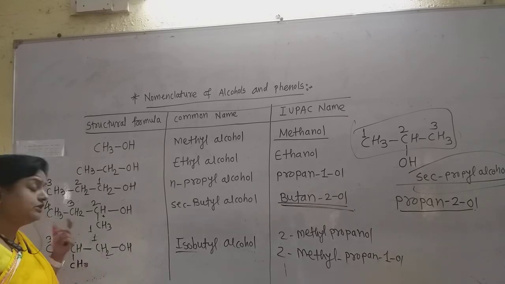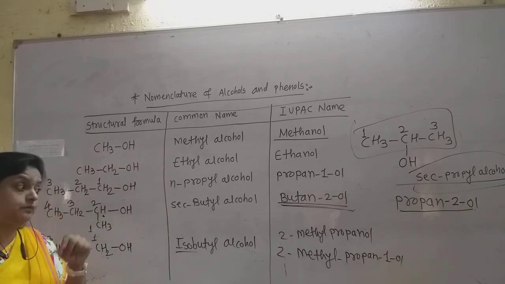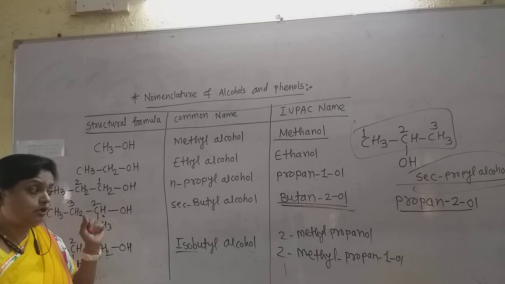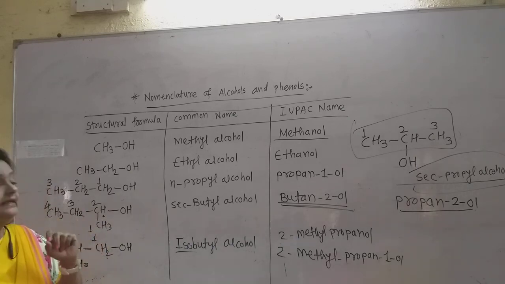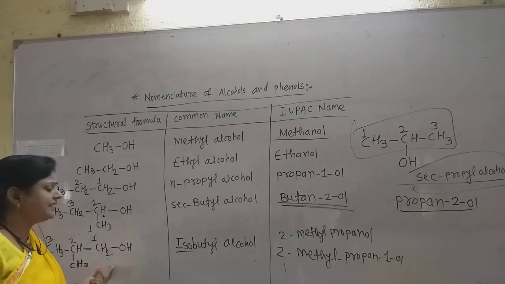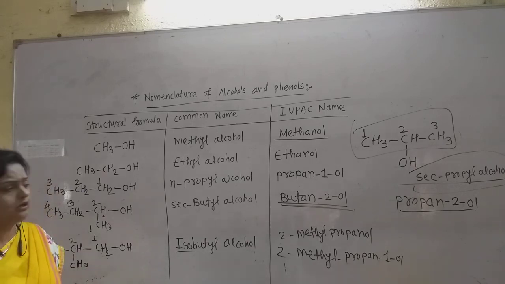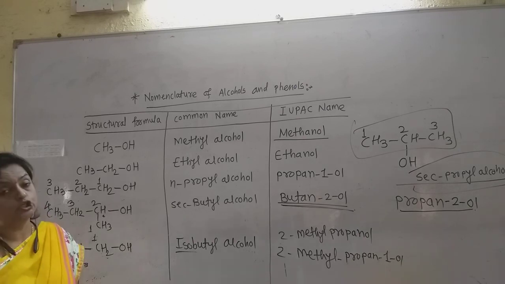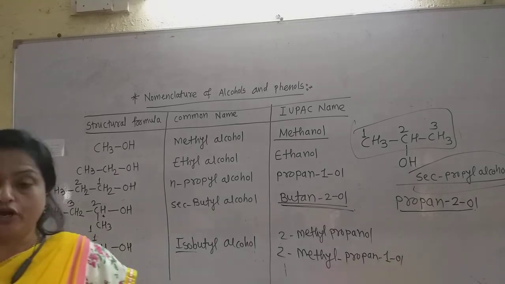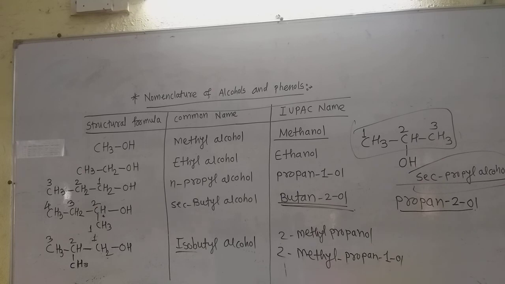If the OH group is present on the second carbon atom, then the 2 in 2-methyl propan-2-ol is essential. But as it is present on the first carbon, the 1 is not written. But the name 2-methyl propan-1-ol is also very important. Now see the blackboard and try to understand the IUPAC names of these alcohols.